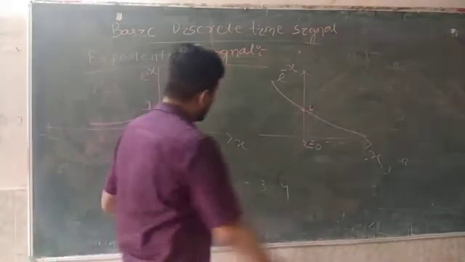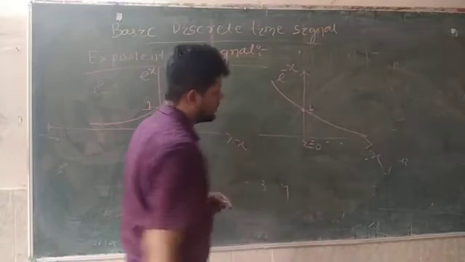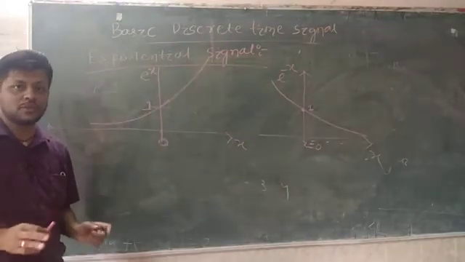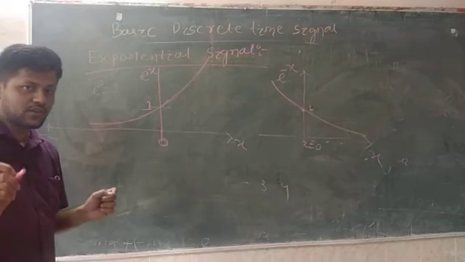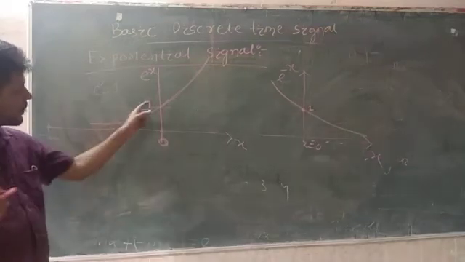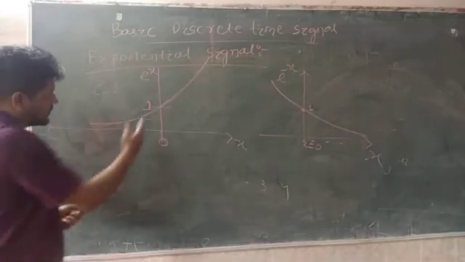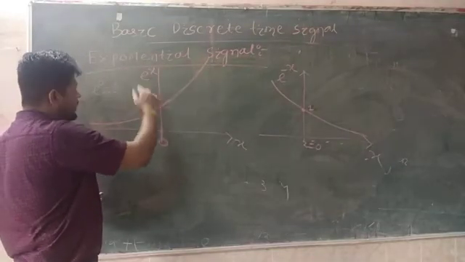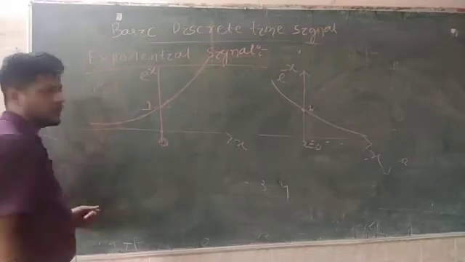So if I draw e to the power minus x, what you have to notice here is the graph. In digital signal processing, you have to notice each and every graph, how I am drawing it. Carefully, students, notice what I am doing: just folding this about your y-axis.